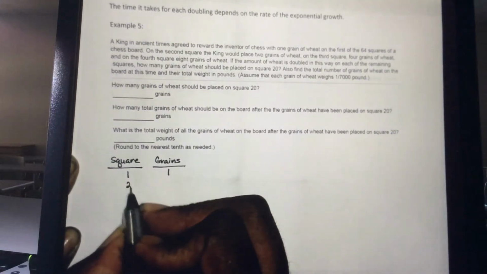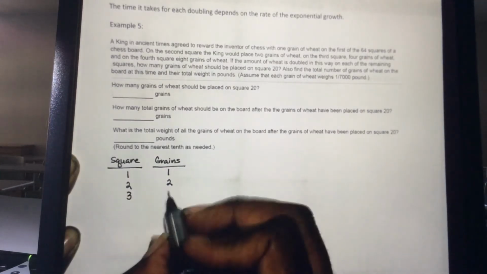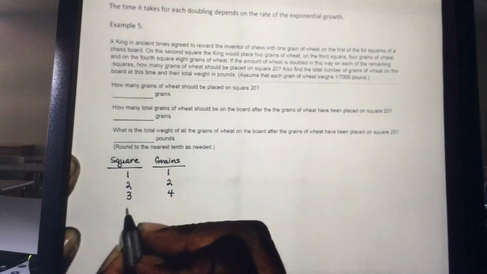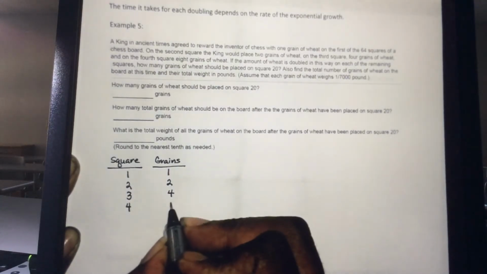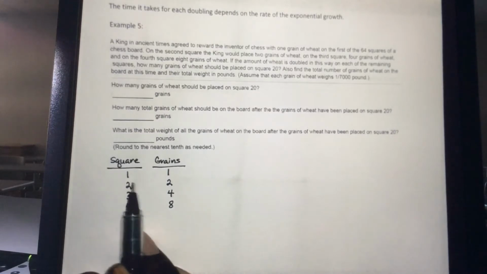Square 2, now there's 2 grains of wheat. Then square number 3, it's doubling to 4 grains of wheat. And then square 4 will be 8 grains of wheat. We can continue this pattern on and on until we get to square number 20 to get our answer.